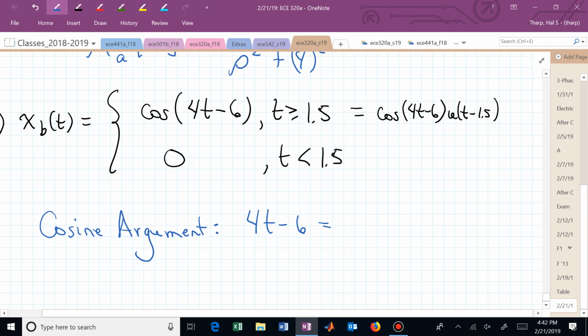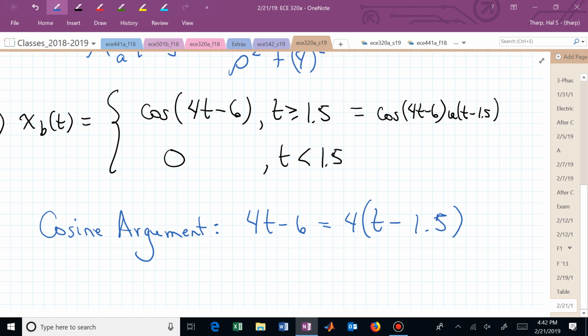But if we factor out the frequency omega from both terms in that combination of terms, how many times does 4 go into 6? 1.5. So that 4t minus 6 is in fact 4 times the quantity t minus 1.5.